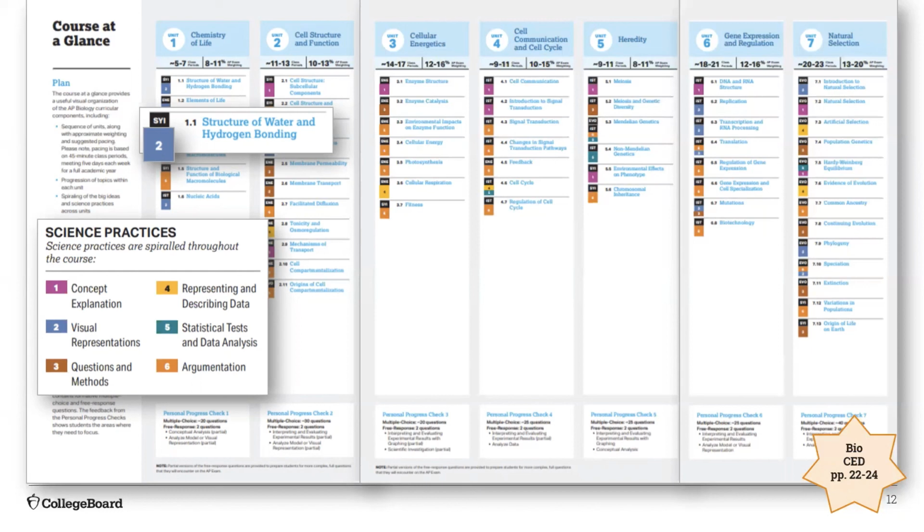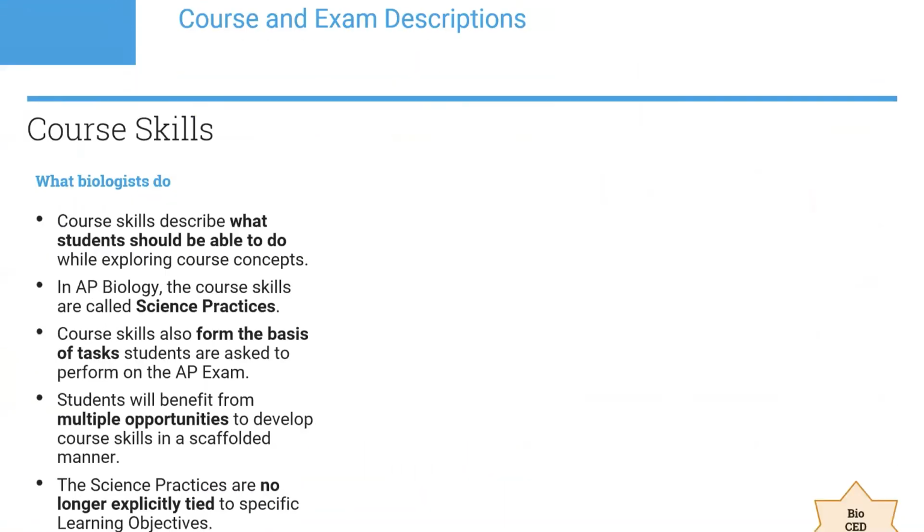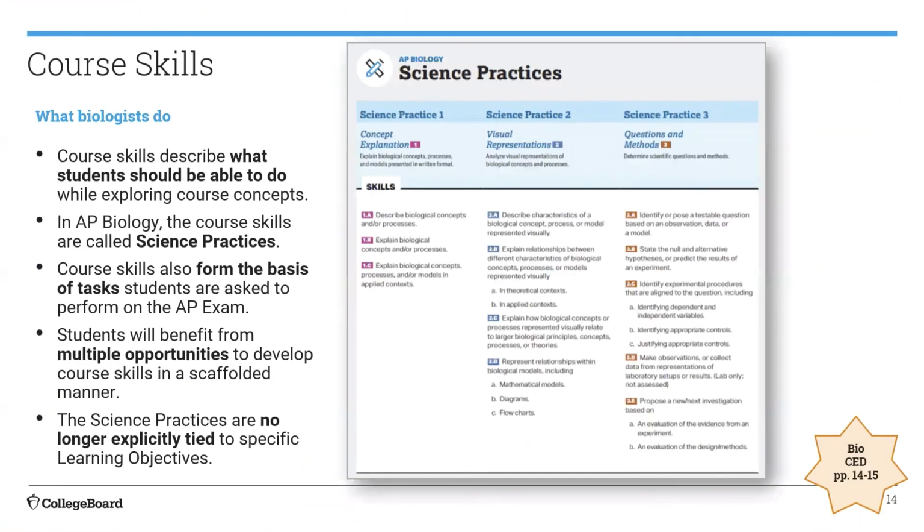Well, these categories also show up on a chart that is right before the course at a glance. And you can see that we've created a full set of science practices for biology, or course skills for any of our courses. And that blue number 2, visual representations, is really the name of the full category.